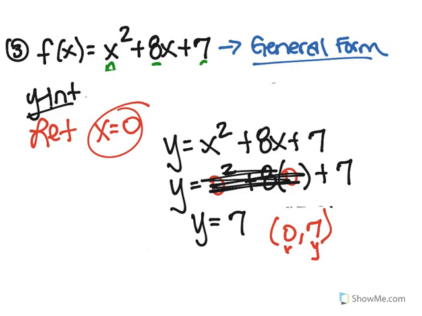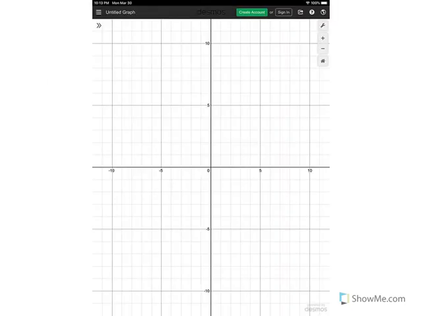So now let's graph. Okay, we're going to graph our first point, which is the vertex, at -4, -9. And then we're going to graph our x-intercepts, crossing the x-axis at -1 and -7. Those are the x-intercepts.